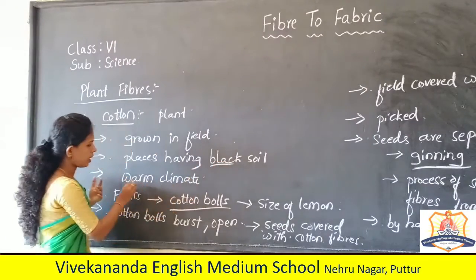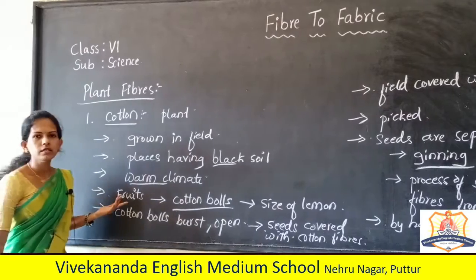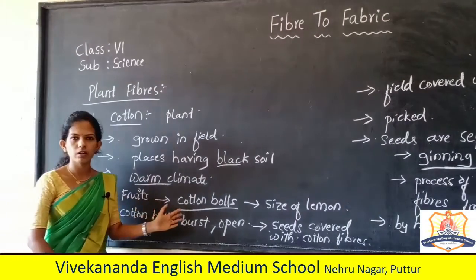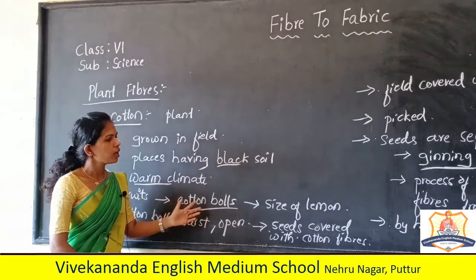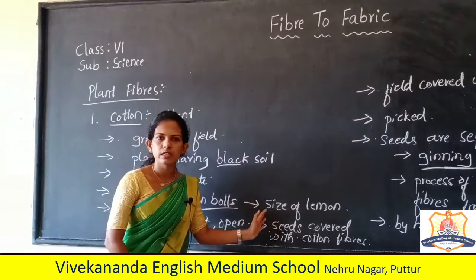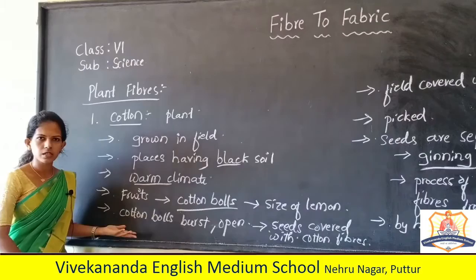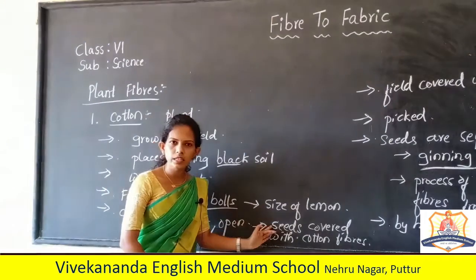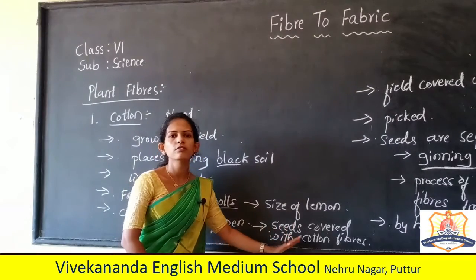They produce fruits, and the fruits are called cotton balls, about the size of a lemon. Then these balls burst open, and you can see the seeds of the cotton covered with white cotton fibers.